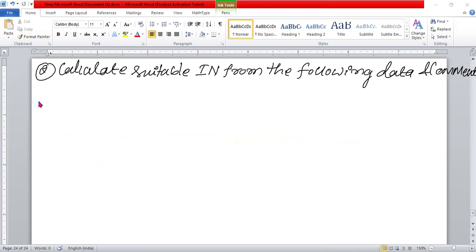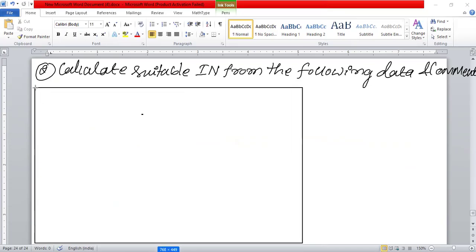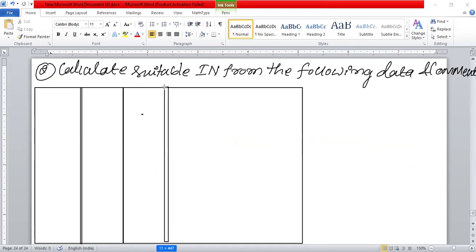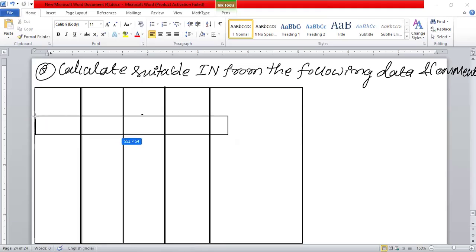Okay, so we want a 3-column requirement. The first column, item; second column, third column, then fourth column. Everything is given directly here, nothing to worry.